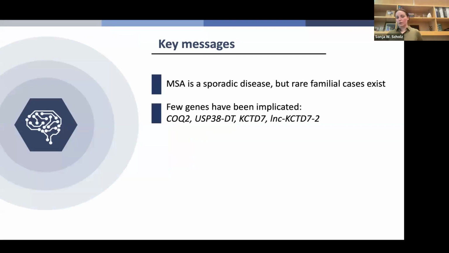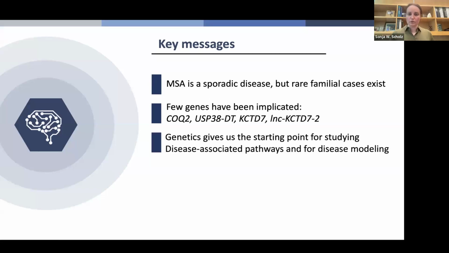There's a couple of the genes that have already been implicated, and each of those give us some clues as to where the problem may lie. And we're already studying them either in clinical trials or still in model systems, and hope that it will give rise to additional clinical trials that really target the underlying problem. And so genetics is really a starting point for understanding a disease.